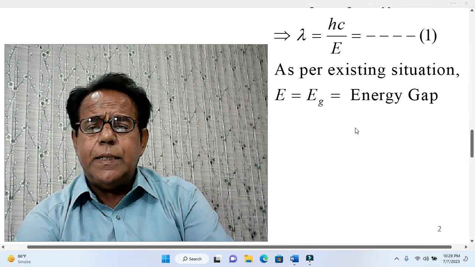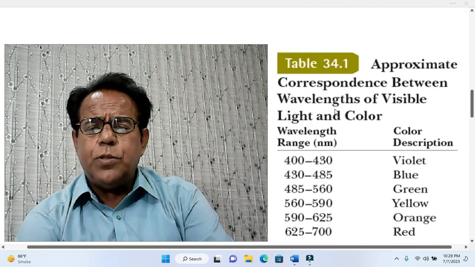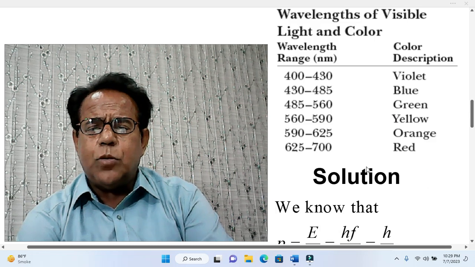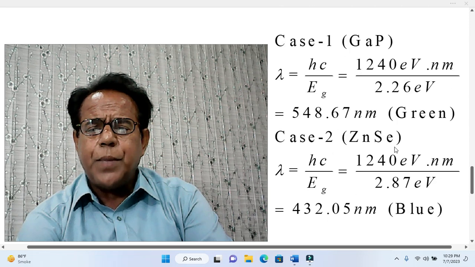If we compare that value in accordance with the table, then we conclude that this color is green.